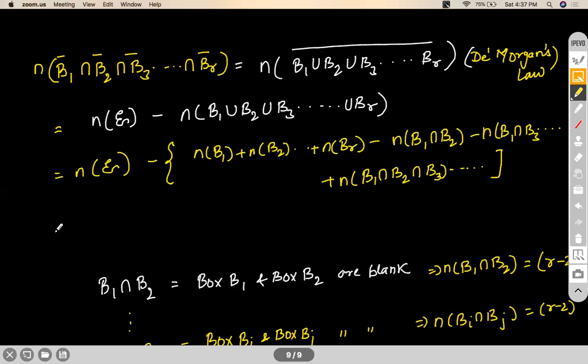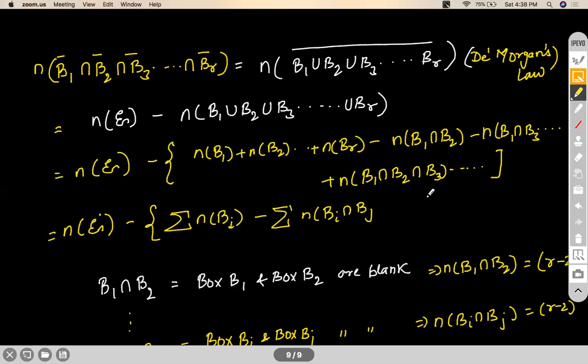In short, you can write it as the number of elements in the universal set minus the summation of n(Bi), minus the summation of n(Bi intersection Bj), plus the summation of n(Bi intersection Bj intersection Bk).